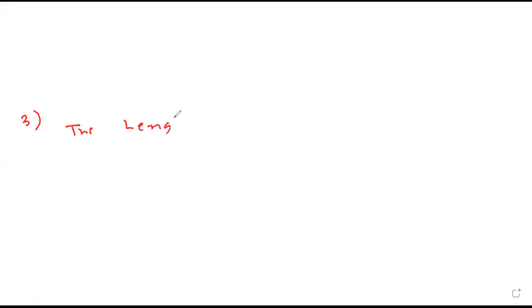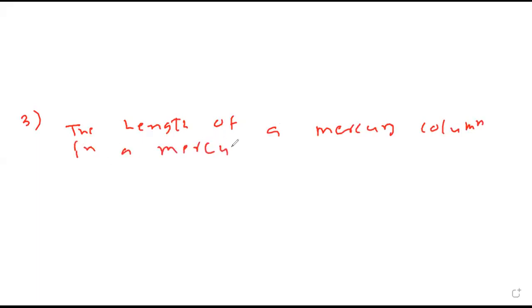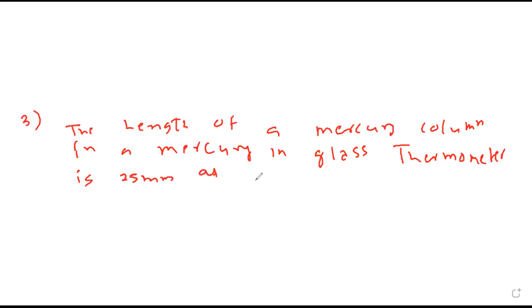The length of a mercury column in a mercury in glass thermometer, this is our normal clinical thermometer where we take mercury in glass, is 25 millimeter at ice point and 180 millimeter at the steam point.